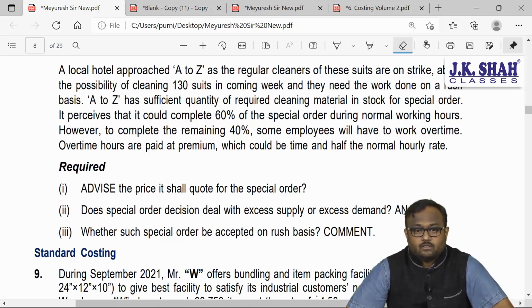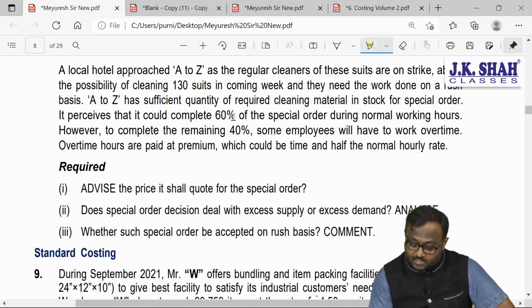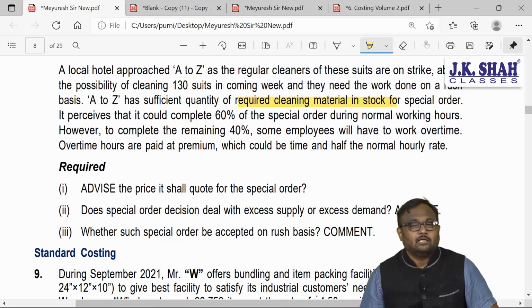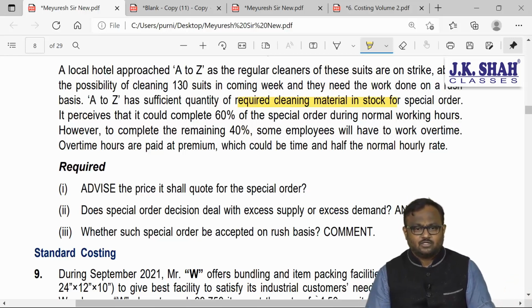They need the work done on a rush basis. A to Z has a sufficient quantity of required cleaning material in stock for a special order. Okay, so we already have this material in stock. So ideally, A to Z will not be required to spend anything on material. You already have some material in stock.